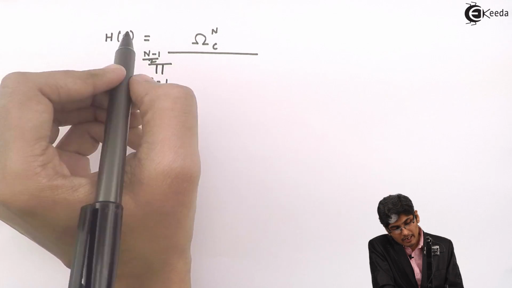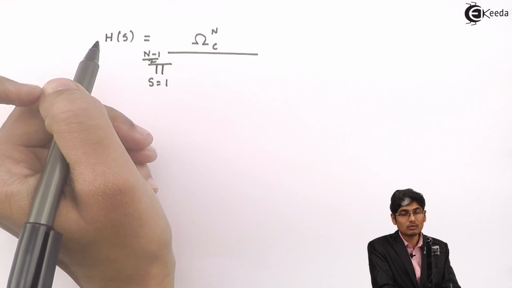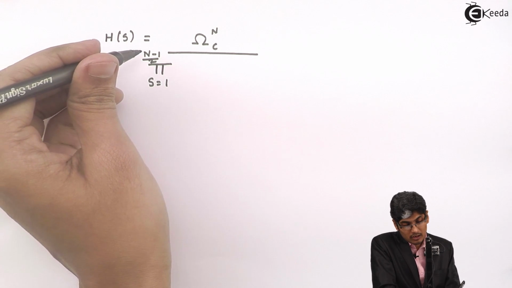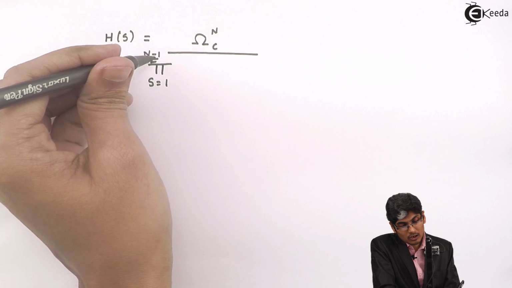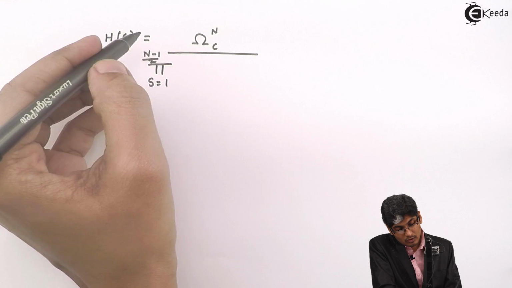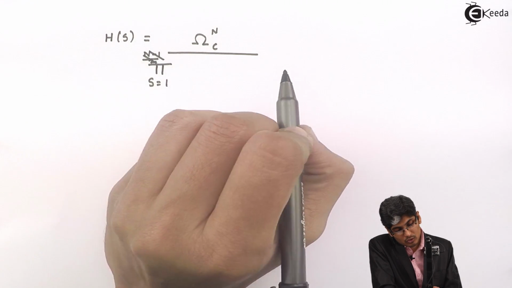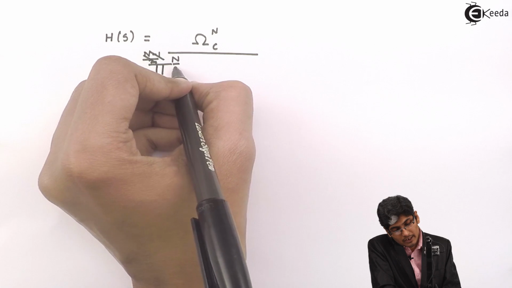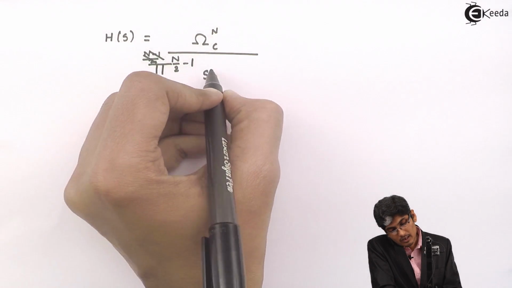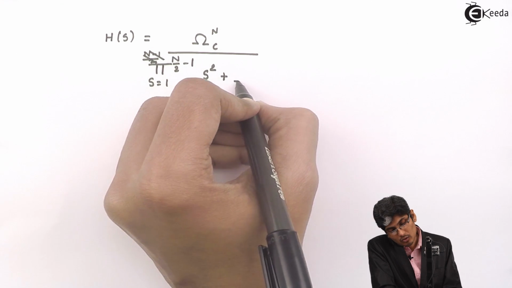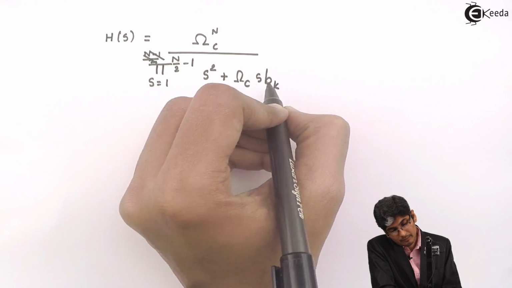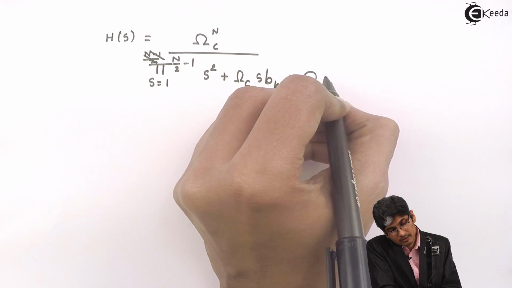No, it will not be n minus 1 by 2. If I do n minus 1 by 2, then because order is even, this will turn to an odd integer. For example, 4 minus 1 will be 3. So it will not be n minus 1 by 2, but it will be n by 2 minus 1. That will be the case. S square plus omega c s into bk plus omega c square.